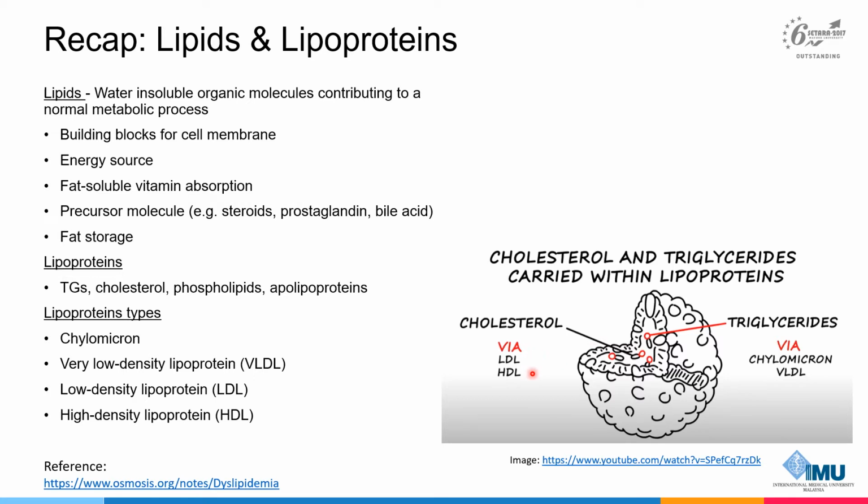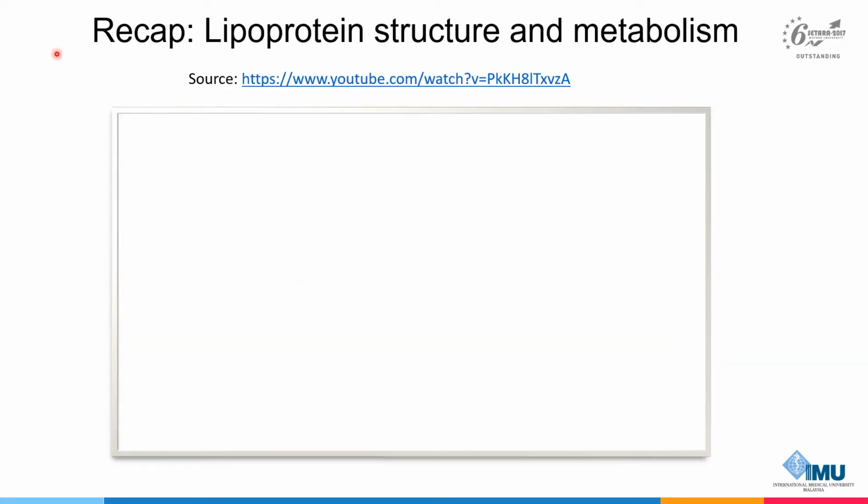For example, cholesterol is carried via LDL or HDL, whereas triglyceride is carried by chylomicron and VLDL. So the lipoproteins are basically the transporting molecules for different types of lipids in the body. Now, let's watch a video to recap about lipoprotein structure and metabolism.